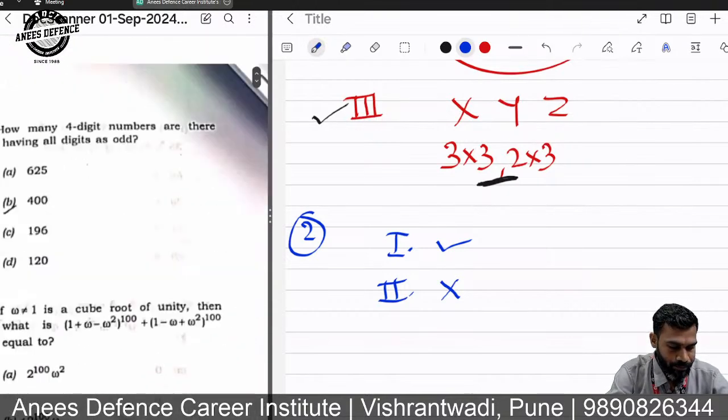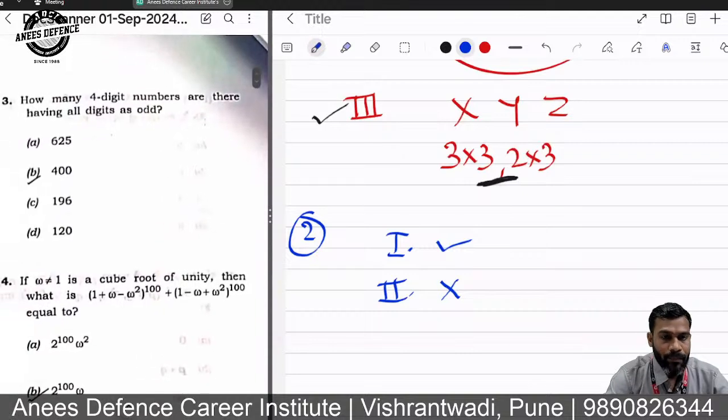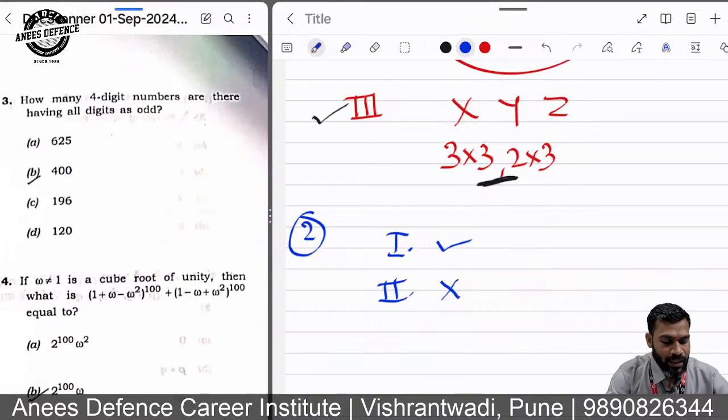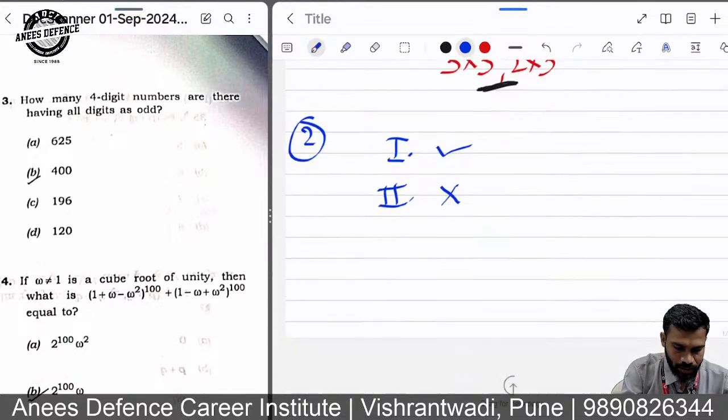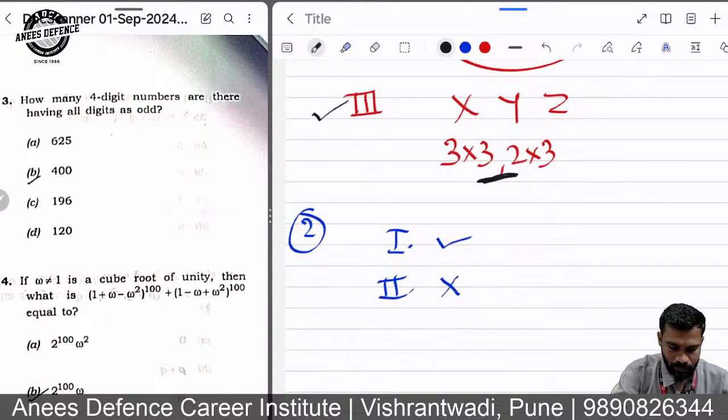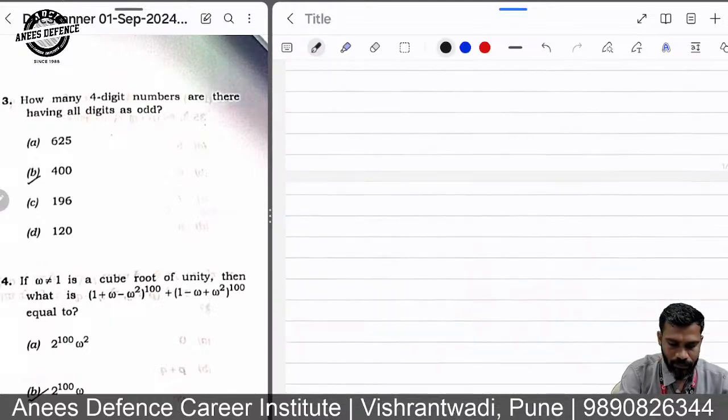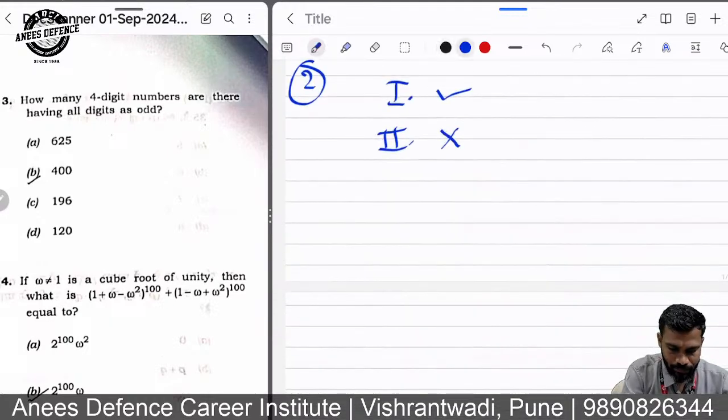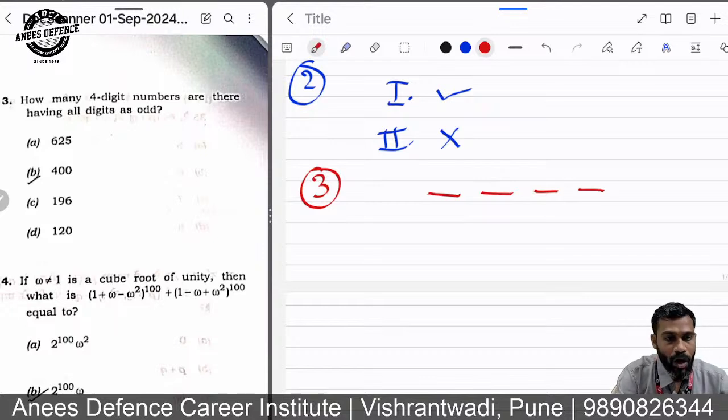Now, next question. How many four-digit numbers are there having all digits as odd? Very easy. Number 3. For 4-digit numbers, we have 4 places. How many odd digits are there from 0 to 9? We have 5 odd digits.